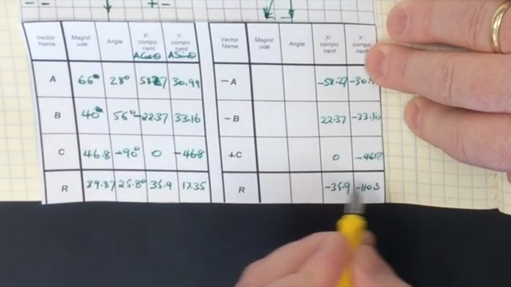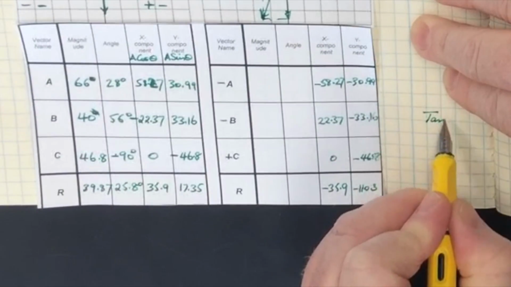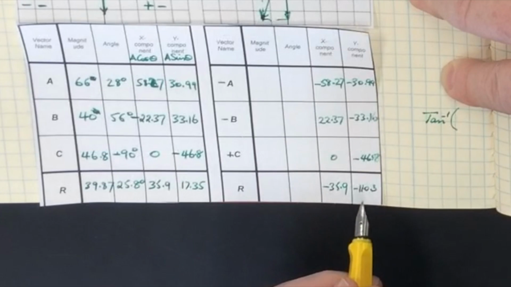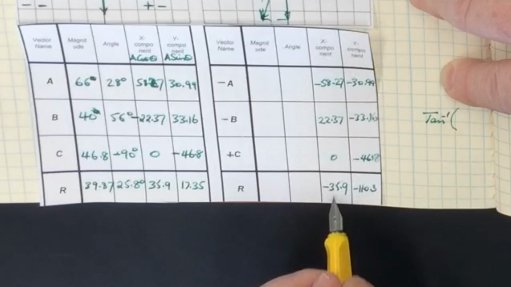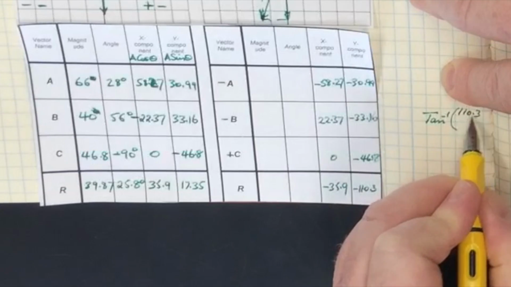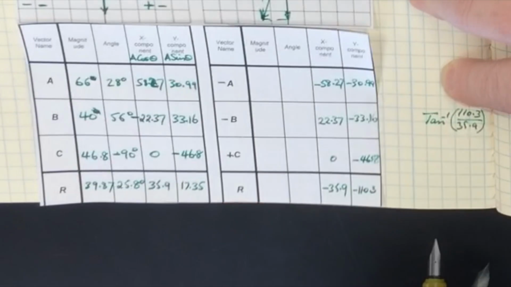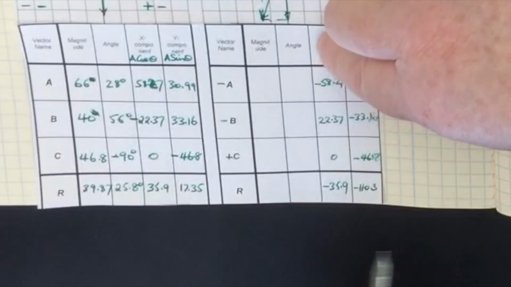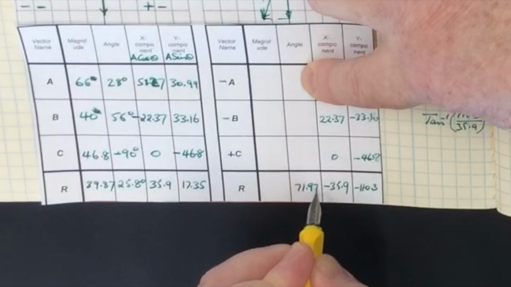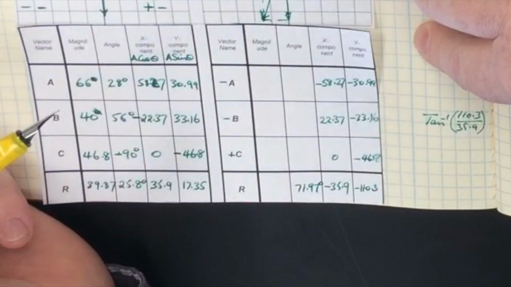So to get the angle, it is going to be tan to the minus 1 of negative 110.3 over 35.9, which is going to be just 110.3 over 35.9, which is 71.97 degrees. And I just go up here and double check, and I say, yep, that looks like about 71 degrees.